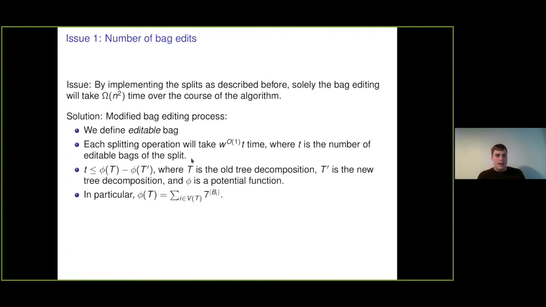And then what's important is that we prove that this number of editable bags in the split respects some invariant. So if T is the original tree decomposition and T prime is the tree decomposition that we get by the splitting operation, then we have that the number of editable bags is at most a difference.